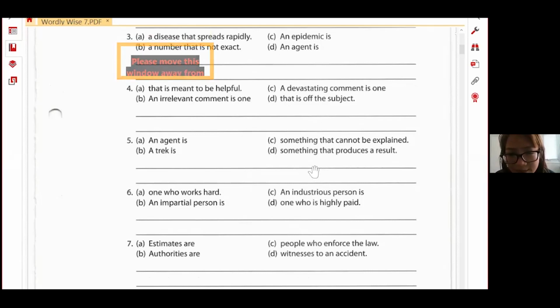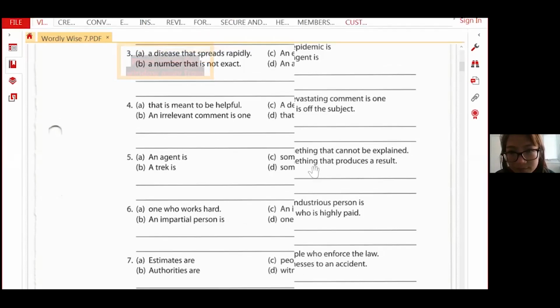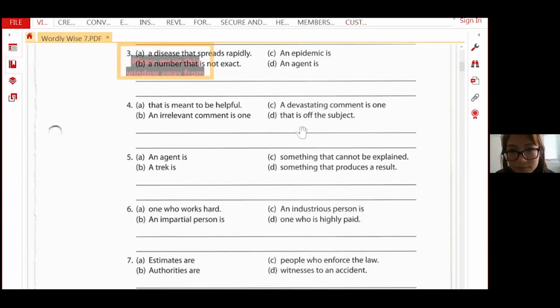Number 6. Is it Sorella? Am I pronouncing it right, Sorella? Number 6, Sorella. Oh, you don't have a mic? That's okay. Yankow, are you there?